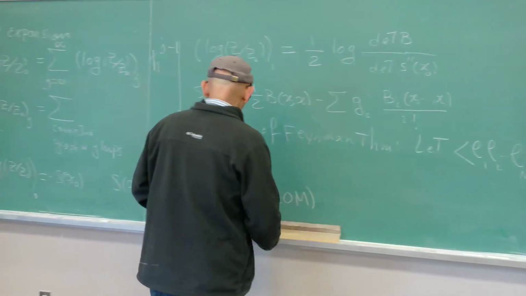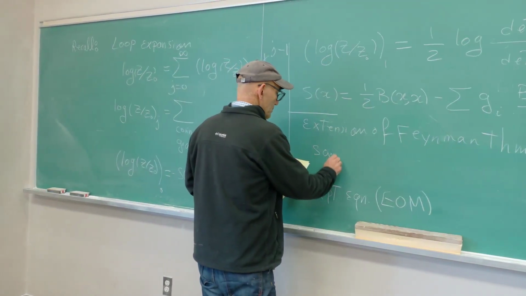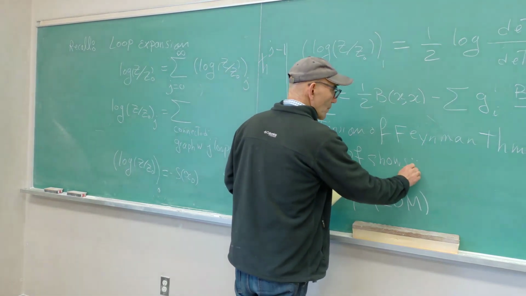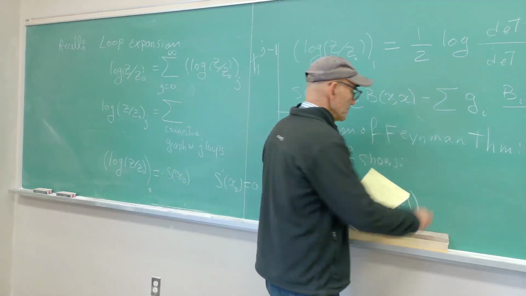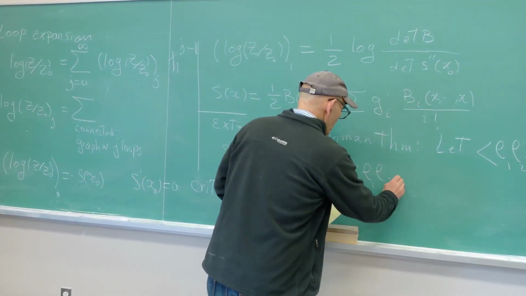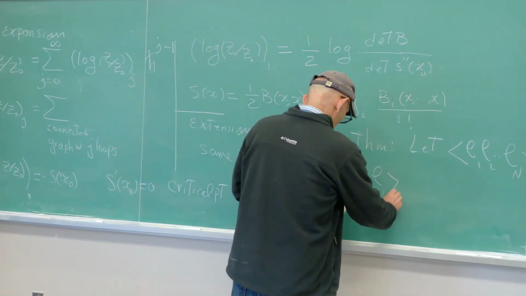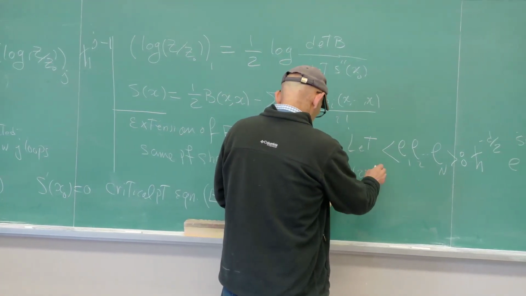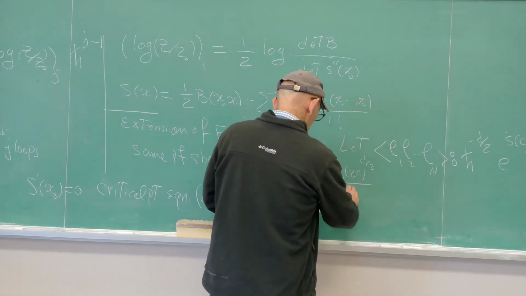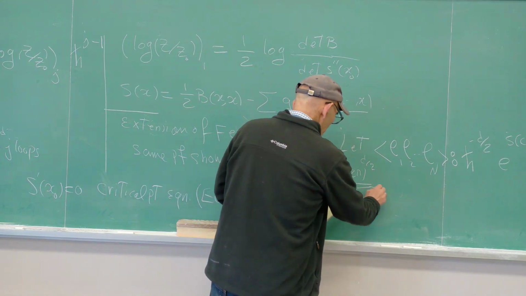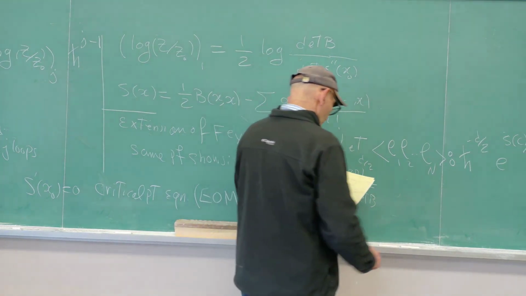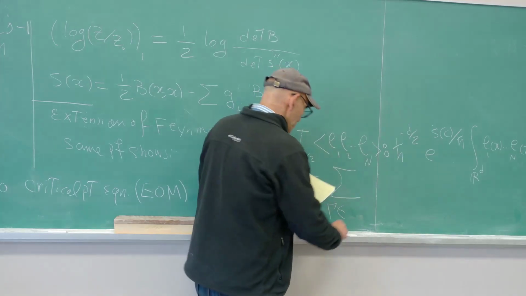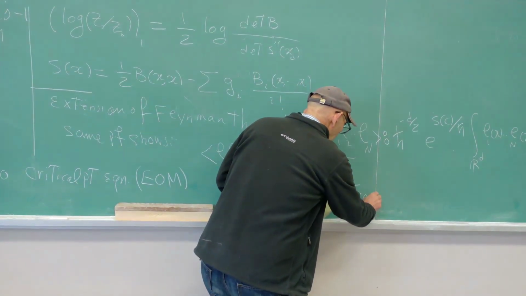And in this case, the same proof as we did can be carried out and shows that this correlation of L1, L2, up to Ln is equal to, well, there is this factor of 2 pi to the d over 2 over the root of the determinant of B, and then the sum over gamma, graphs in capital N.